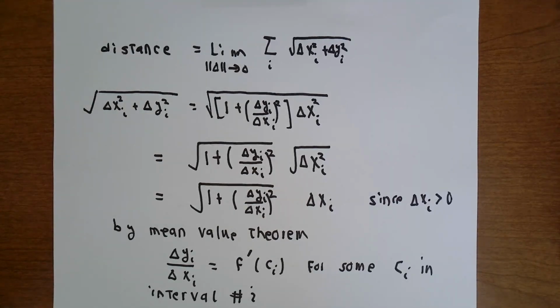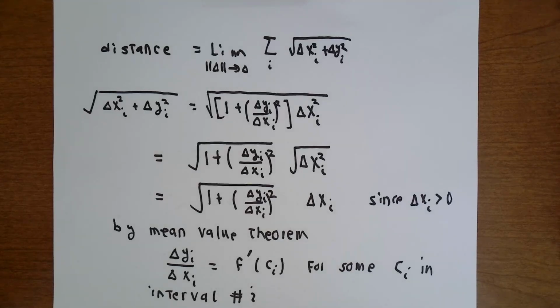If I remember the mean value theorem from Calculus 1, if we assume that f has a derivative in this subinterval, then the change in function value on chunk number i divided by the change in x on that chunk is actually equal to a value of the derivative of f. It is f prime at c sub i for some c sub i in interval number i.